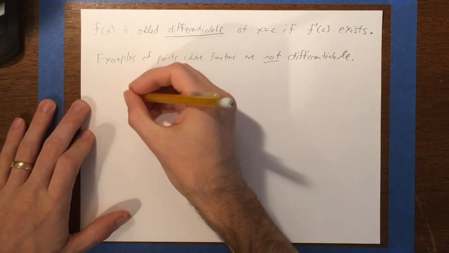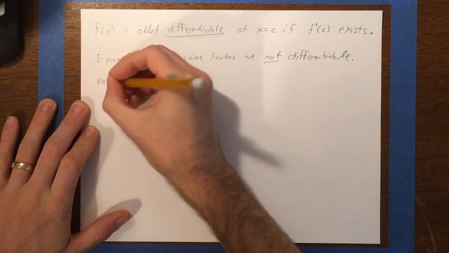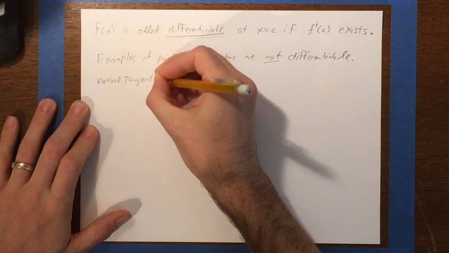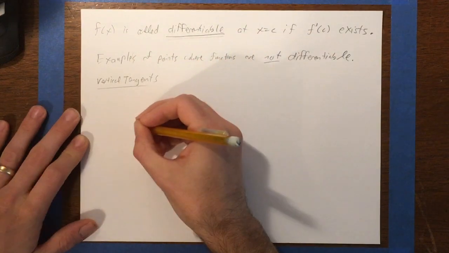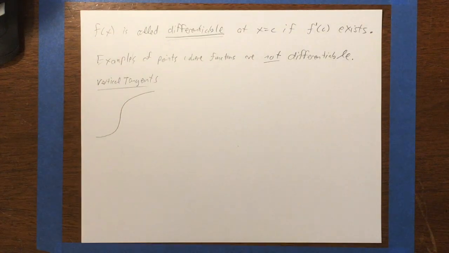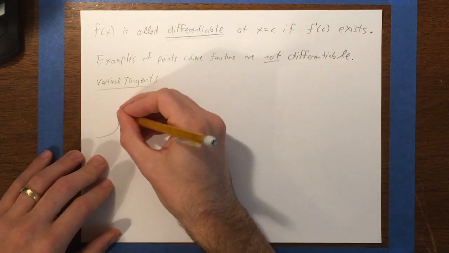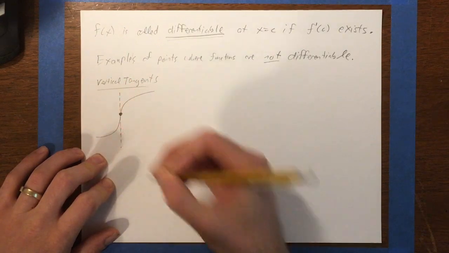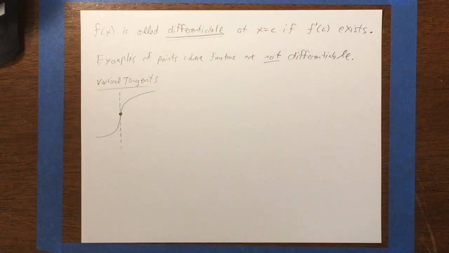So the first is vertical tangents. So a vertical tangent line, an example of a picture of that might be a function that looks like this. And then maybe at this point right here, we might have a vertical tangent line. It looks like we have a pretty close to vertical tangent line there.